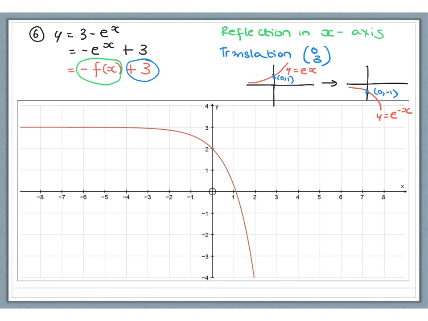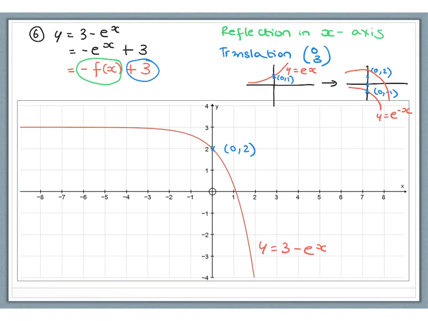And if we shift that up by 3 units, it becomes 0, 2. So we can see there's our new y-intercept. And of course, the graph retains its shape, but it is translated upwards like that. And here we have the final sketch, like so.